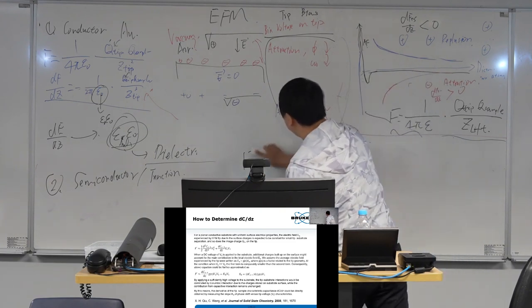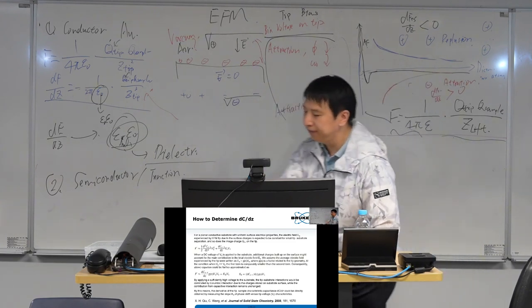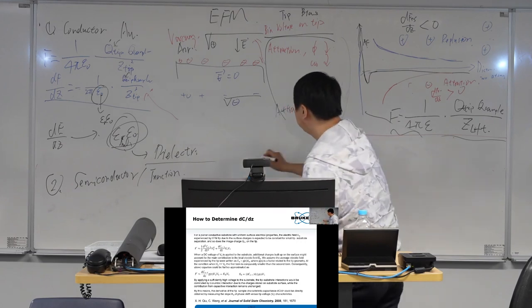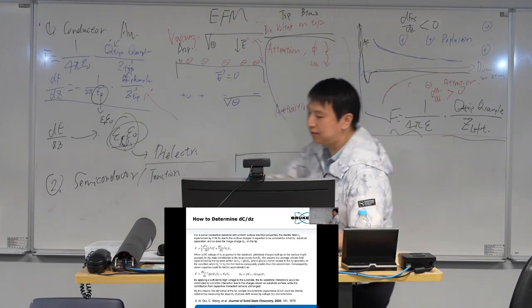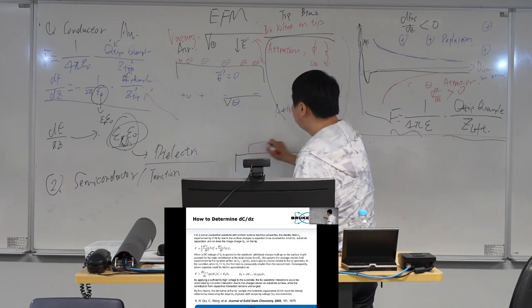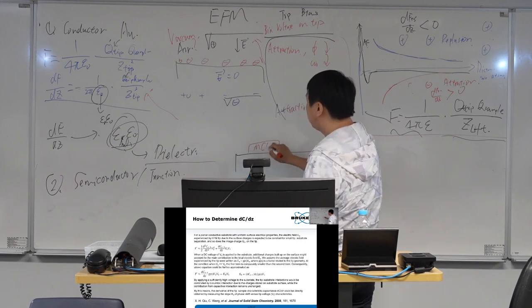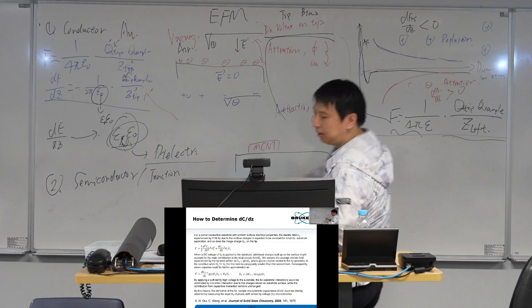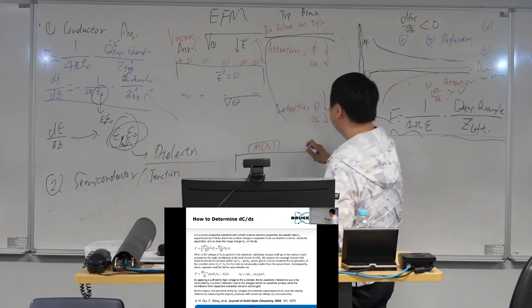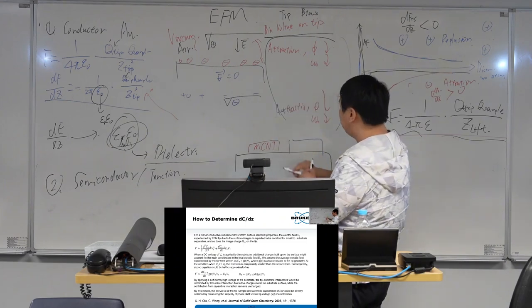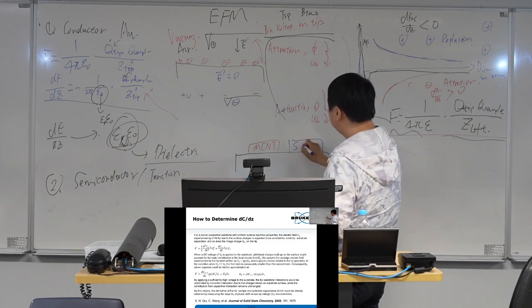We put them on a surface. I have one metal carbon nanotube, and I have another one, a semiconductor carbon nanotube.